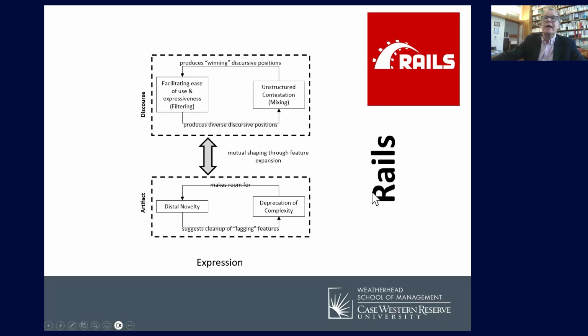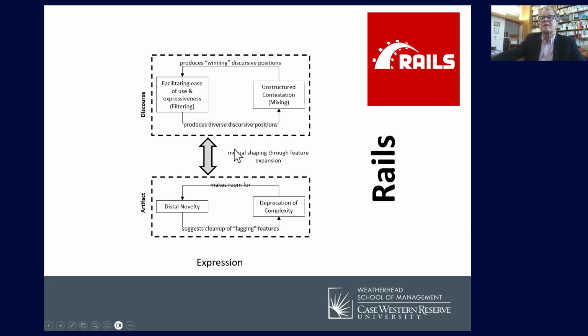Similarly, you can say that in Rails, because you facilitate ease of use and expressiveness, you produce diverse discursive positions. That's expected. Which leads to unstructured contestation. You cannot mix them easily anymore because people cannot agree on the basic principles. So which produces winning discursive positions. Somebody has to pick it up. And it becomes a somewhat more random process.